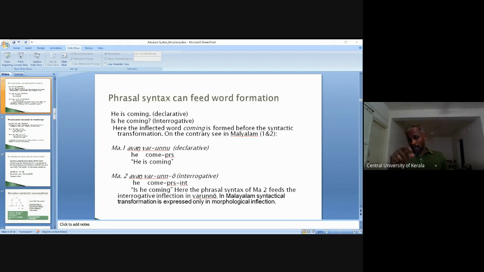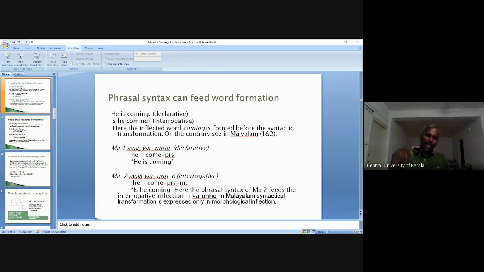Even if you look at the English sentence, you can see the weakness of that argument. See here, even the word drank is also affected by the syntax.